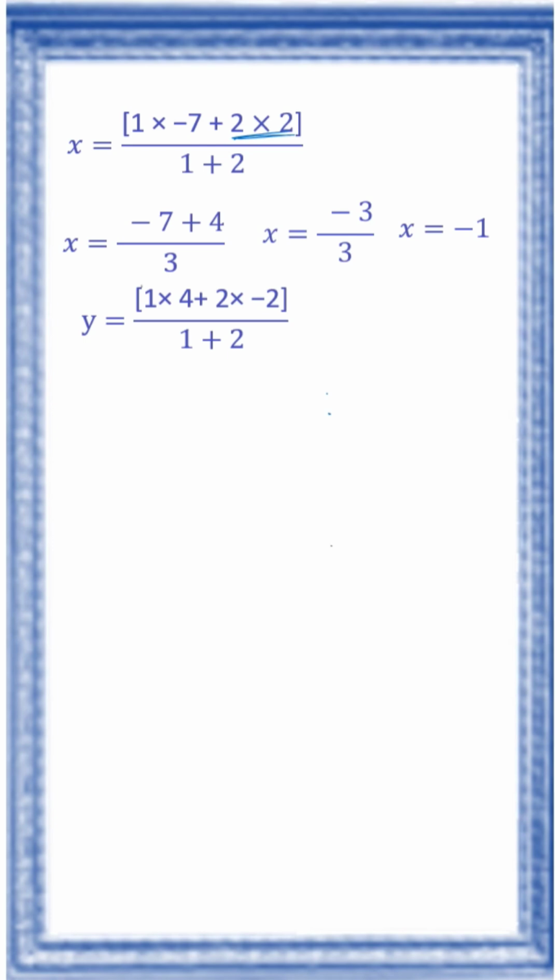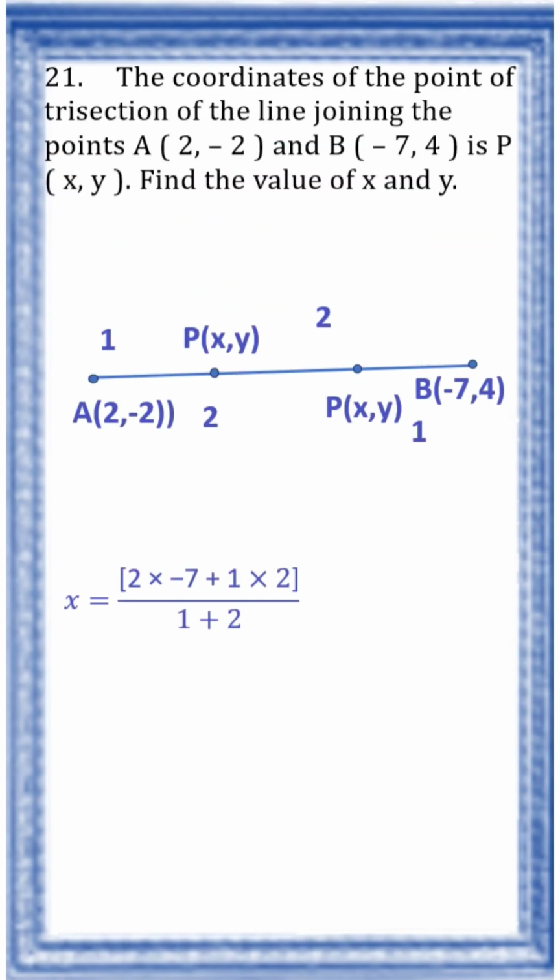For y, 1 into 4 is 4, 2 into negative of 2 is minus 4, so 4 minus 4 by 3 is 0 by 3, that is equal to 0. So the coordinates of the first point of trisection are negative of 1, 0. Okay, now let us find another one.